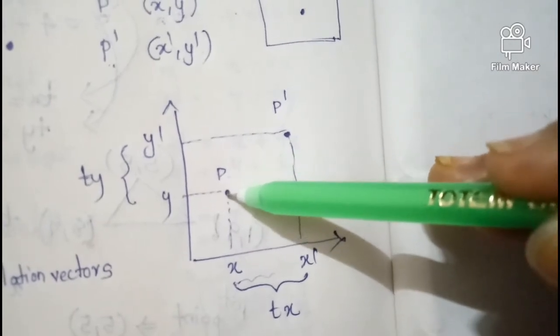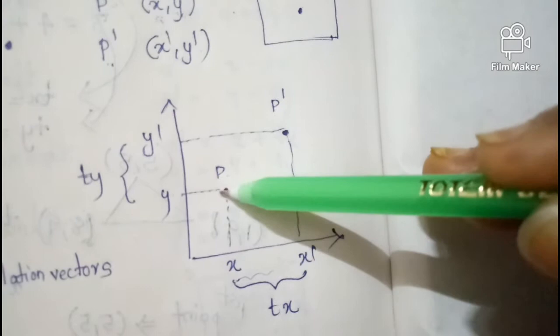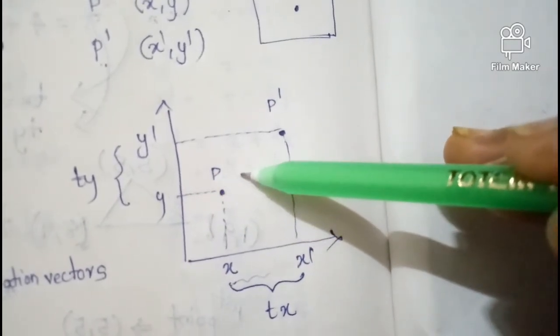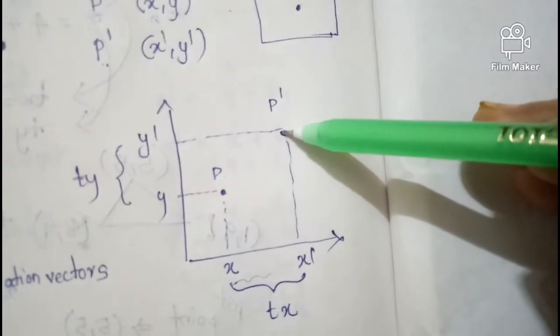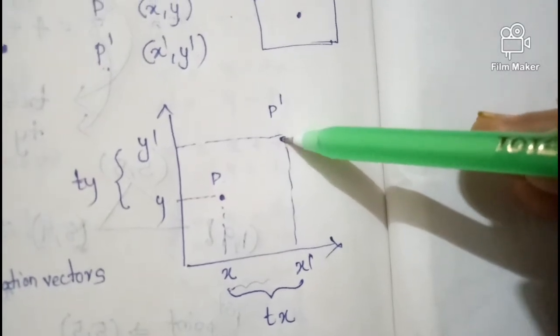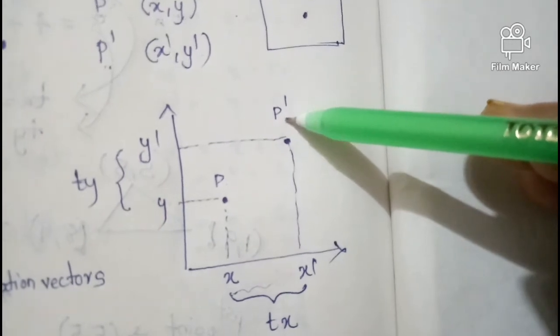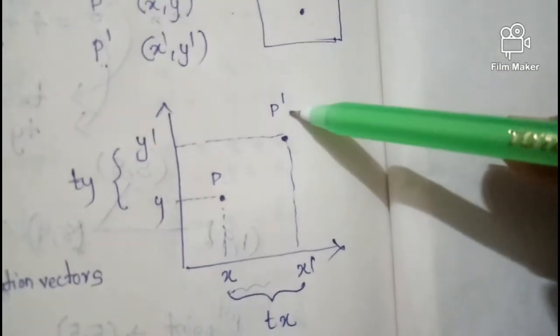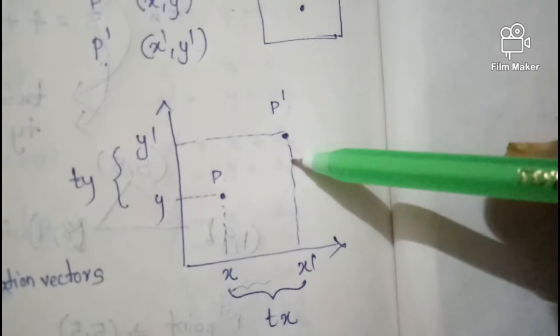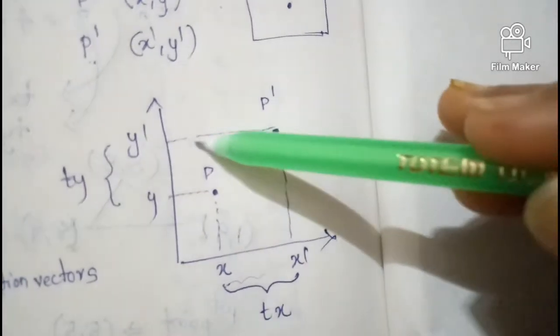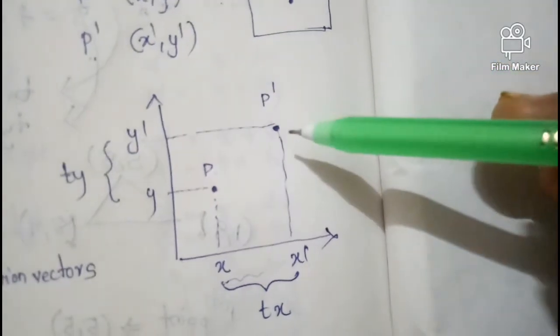That means this point belongs to the column x and row y. From this position the object underwent a straight line movement and reached a new position. It is represented using the label P dash, and this point P dash also belongs to the column x dash and the row y dash.